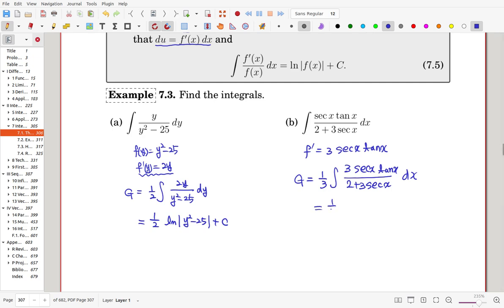Now by using the formula, that is 1/3 times the natural logarithm of 2 plus 3 sec x, and then plus c. Okay.